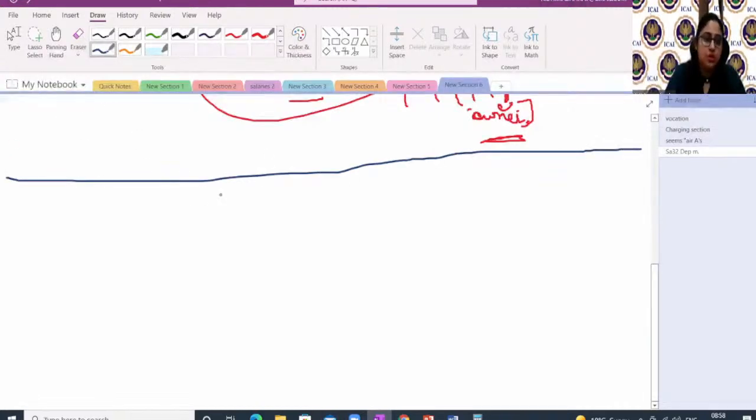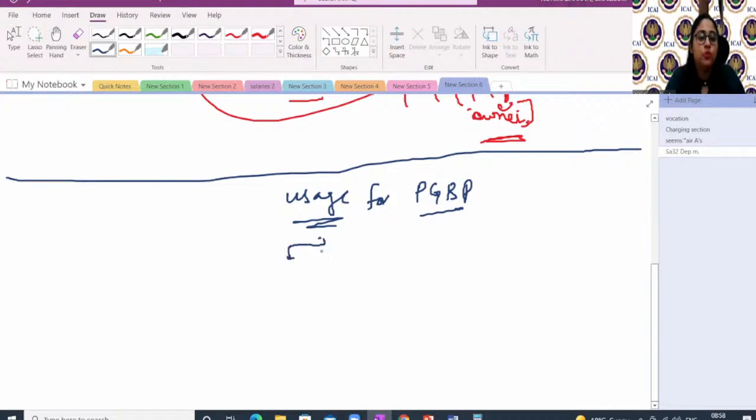Basically, use for the purpose of business is important. The asset should be used for the purpose of business or profession. And when I say usage, it can be both active and passive. What is active and passive usage?